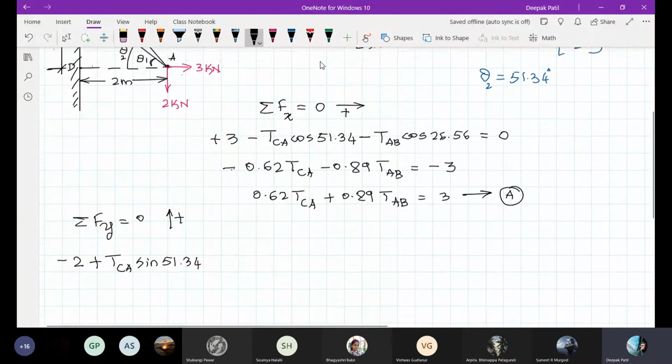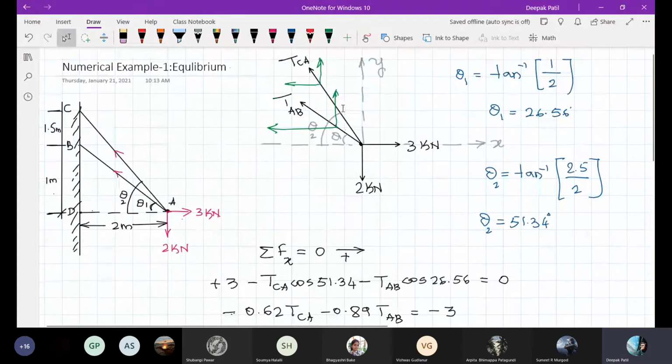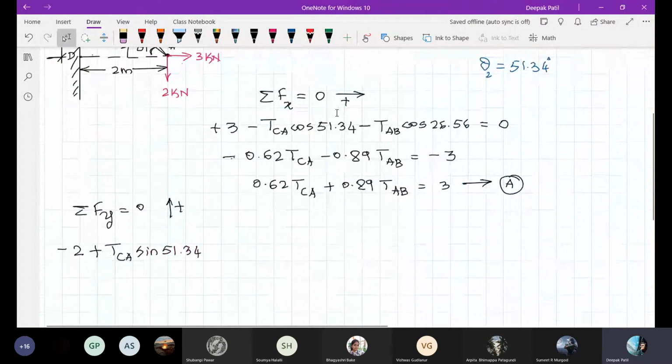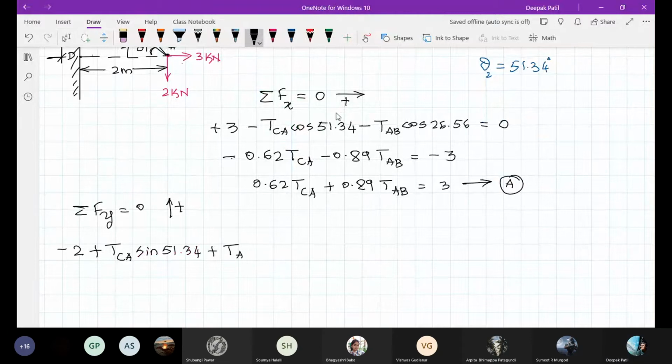About TAB also, that will be plus TAB sine 26.56 equal to 0. Are you clear, students, with this equation?